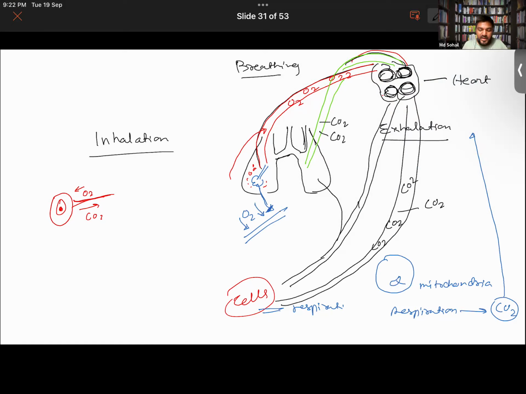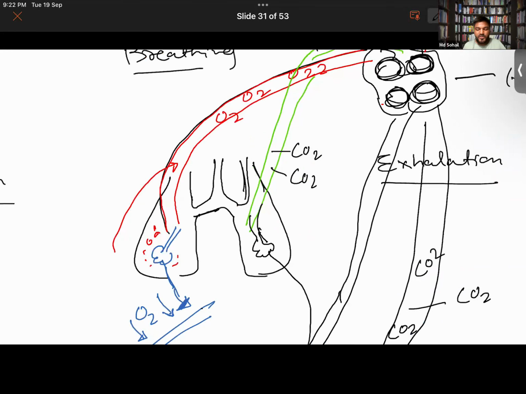And this is going to where? The alveoli. Now pay attention here. Carbon dioxide-rich blood is coming from the heart to the alveoli, which is rich in blood capillaries. Here just the opposite is happening.